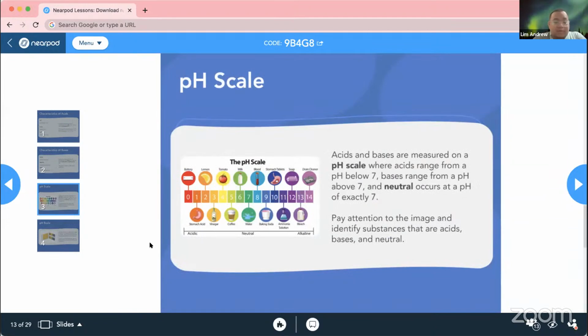Acid and base, how do scientists see whether a particular liquid or substance is acid or base? They use something called the pH scale.